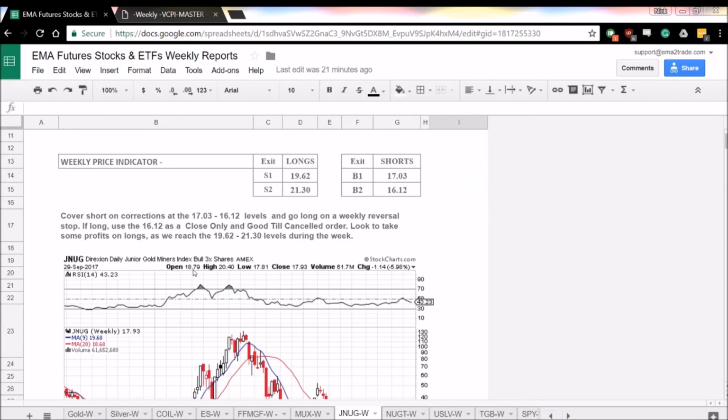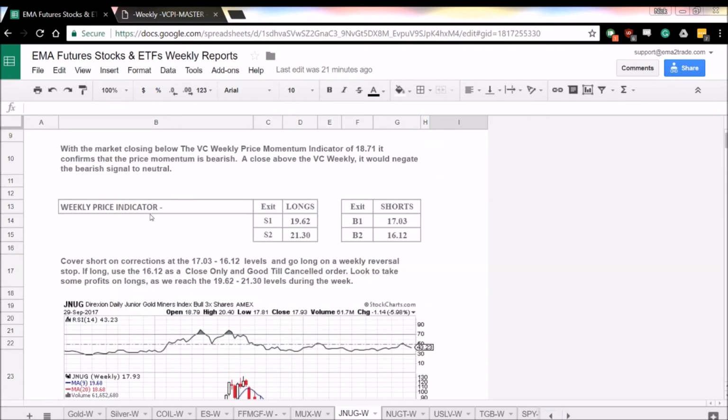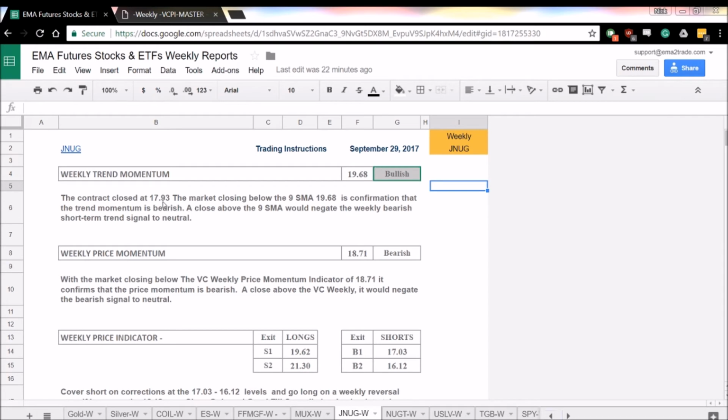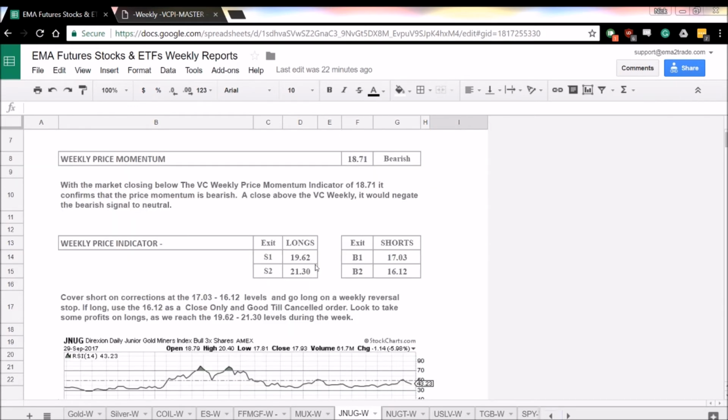And now let's take a look at the weekly price indicator that identifies for us the extreme above the mean or the extreme below the mean. In this case, if it closes below 1871, and obviously the market closing on Friday came in a little bit bearish, the sentiment is bearish.